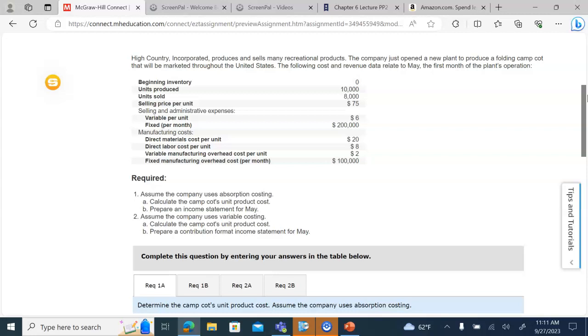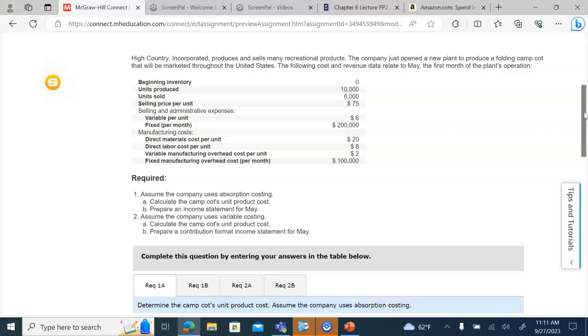with our manufacturing, direct materials, direct labor, and the variable manufacturing overhead of manufacturing costs. Okay, assume the company uses absorption costing. Calculate the camp cot's unit product cost.